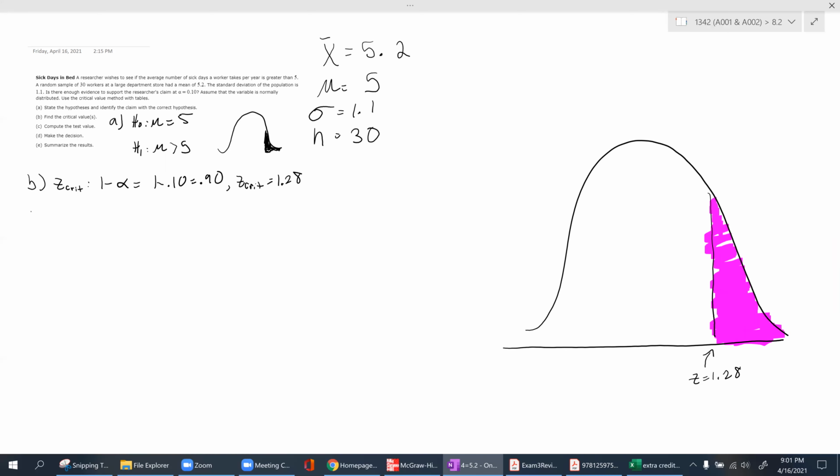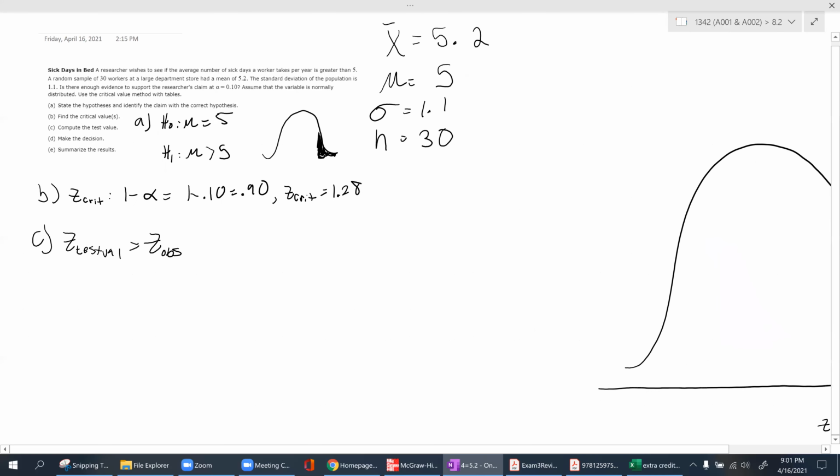So let's compute the test value. You can call it z test value, or for the z test, some use the observed value. That is x bar minus mu over your standard error. Go ahead and plug those values in.